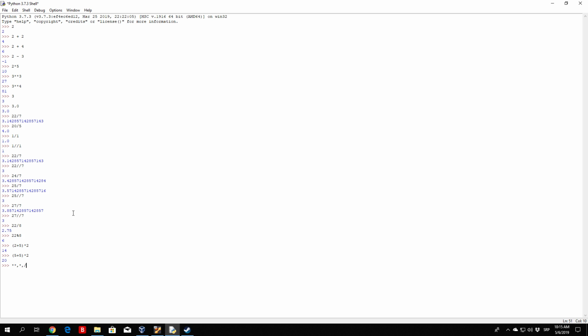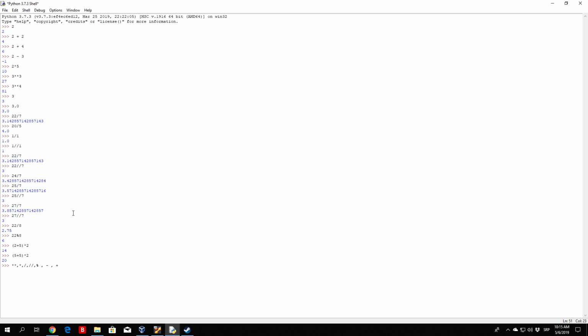After that comes the division with two slashes, which will give us the integer value, whether that number is divisible by that number or not. Right after the double slashes goes the modulo, the percentage sign, and right after it goes the plus and minus, which are the lowest precedence math operators in Python, as well as in math. So that is something also that you should take a look at.